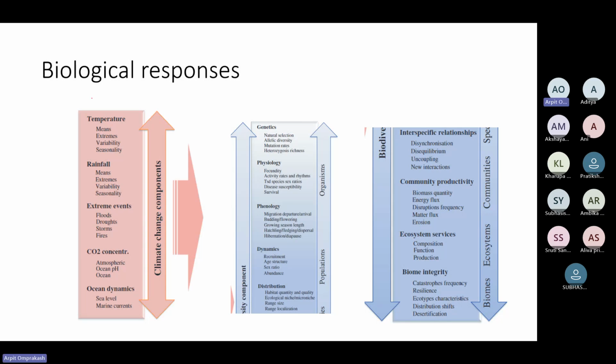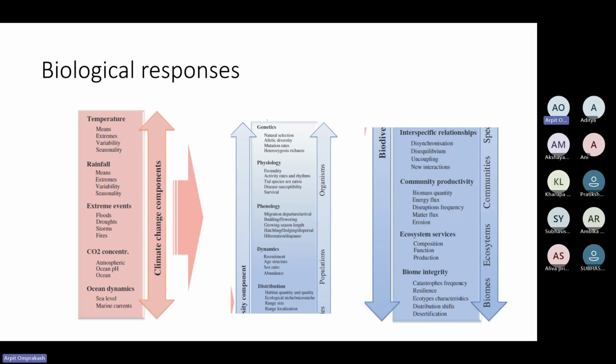on the left hand side, you see all these components: temperature, rainfall, CO2 concentration, ocean dynamics. Any change in these will manifest as biological responses, ranging from organisms up to the level of biomes. So, for example, at the level of organisms, due to change in temperature and so on, we might see natural selection in place, where some species might survive better than others.